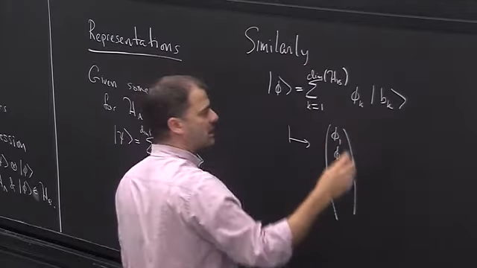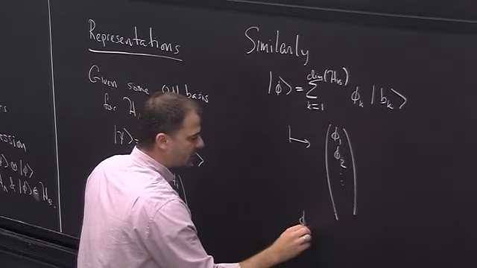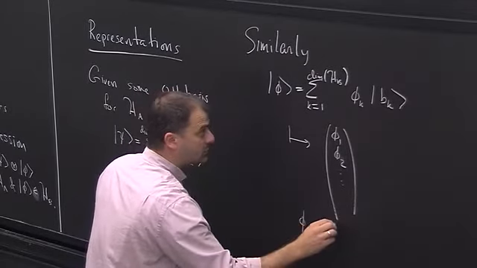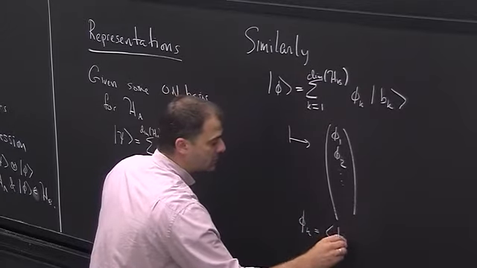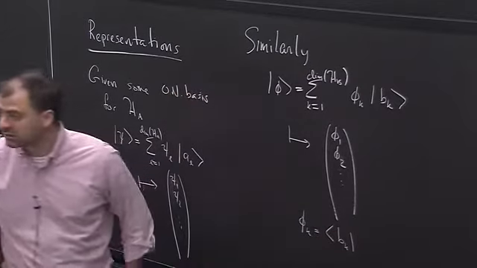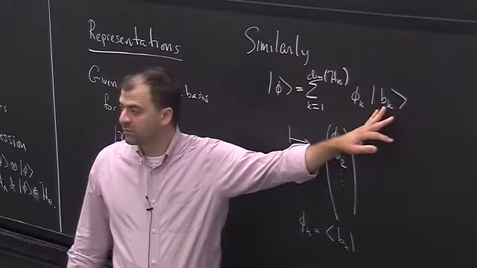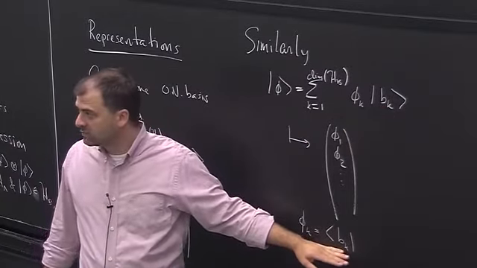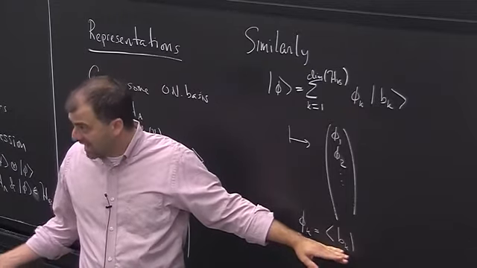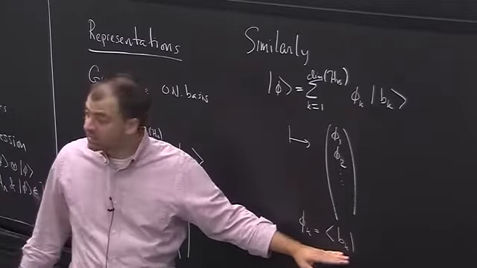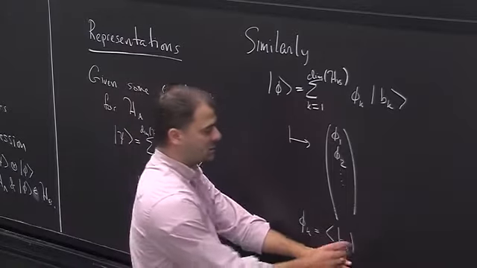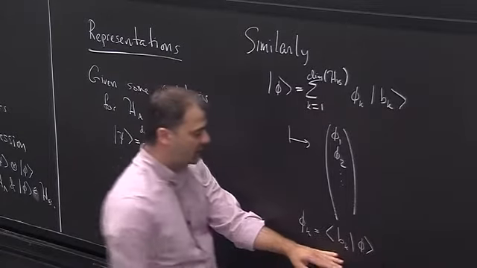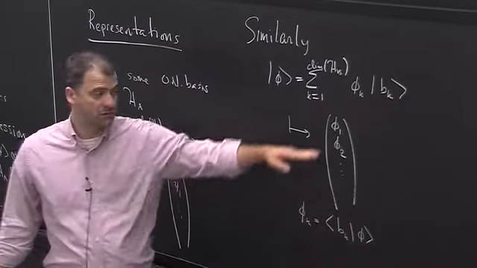Where, of course, each phi sub k is equal to the inner product with the dual vector. So b_k is an element of a basis for H_B. The bra is its dual, which is actually a linear functional acting on the space. And here we're seeing it in action. That linear functional is going to act on phi and return a complex number, which is our coefficient in that basis.